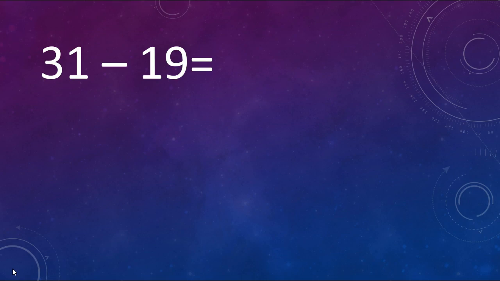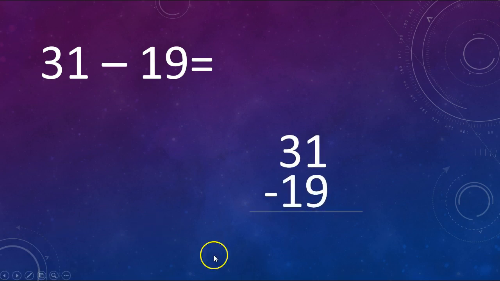All right, now we're going to take 31 minus 19. Let's line it up here vertically. 1 minus 9. Can we do that? If I have one house point, can I give away 9 of them? No, I can't.